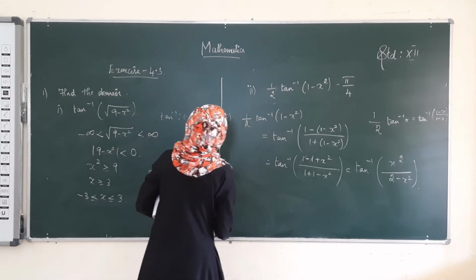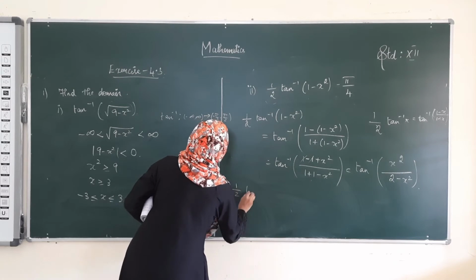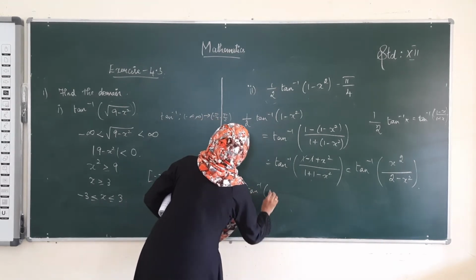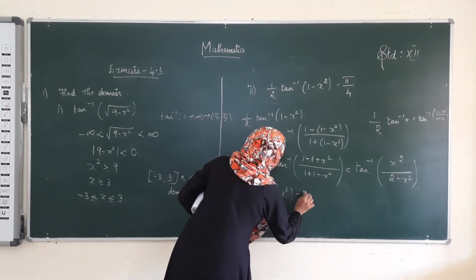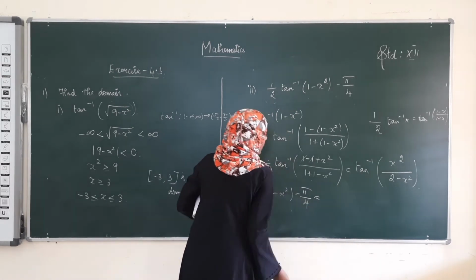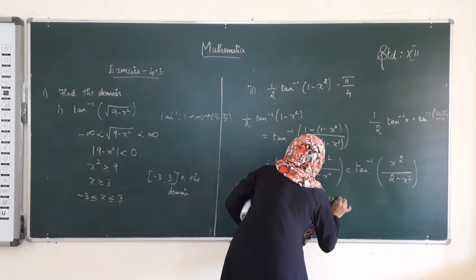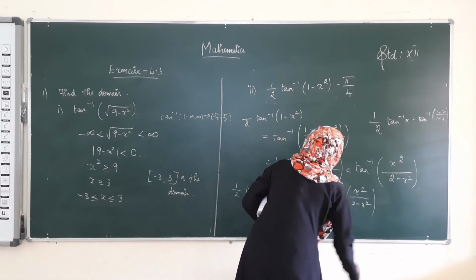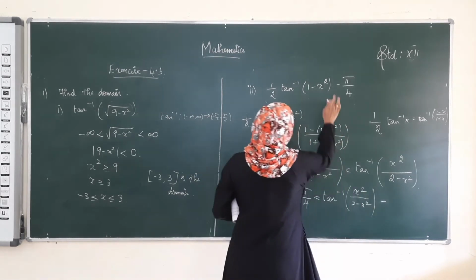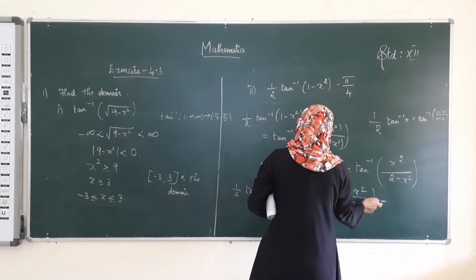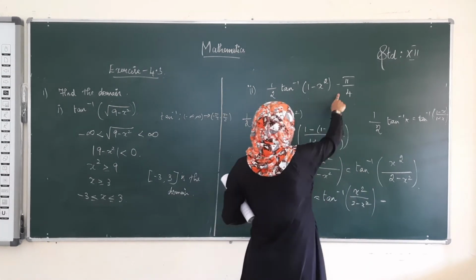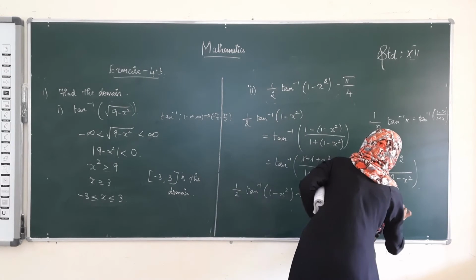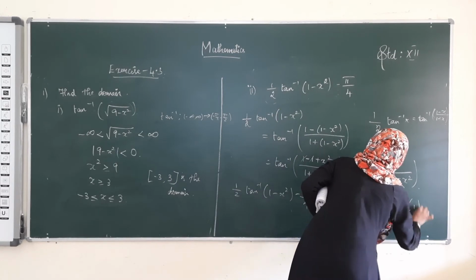Therefore, the given question, 1 by 2 into tan inverse of 1 minus x square minus pi by 4, becomes tan inverse of x squared divided by 2 minus x squared minus, since here we have minus, instead of pi by 4 we can take tan inverse of 1.